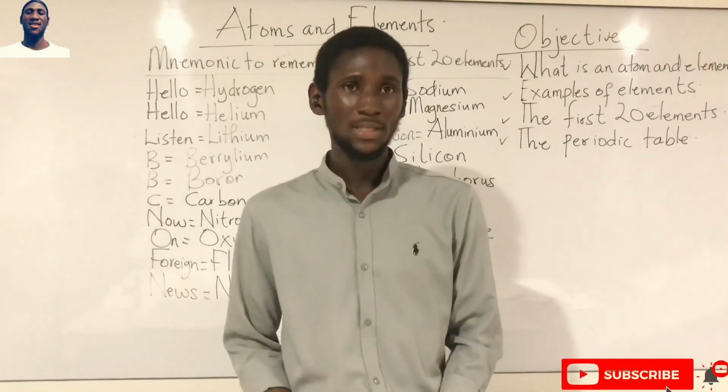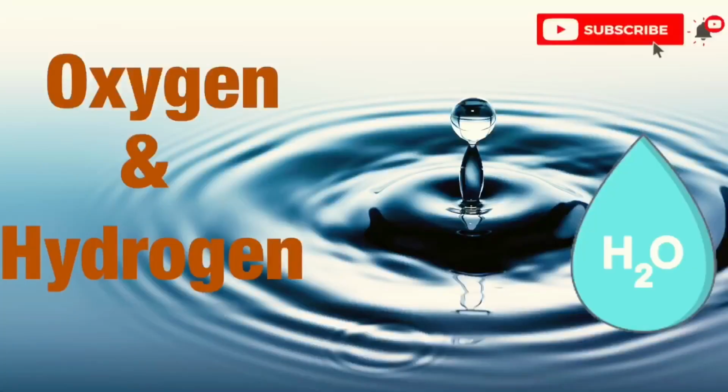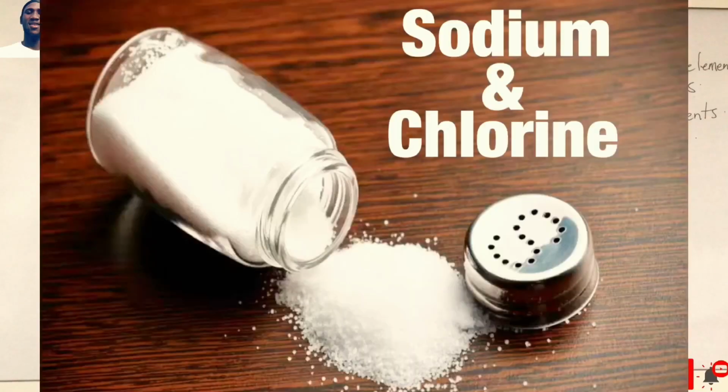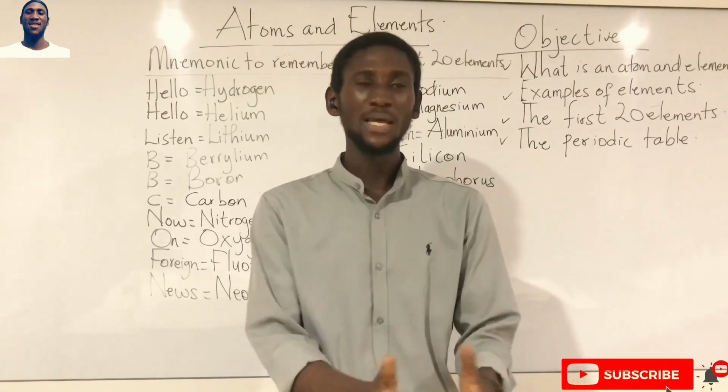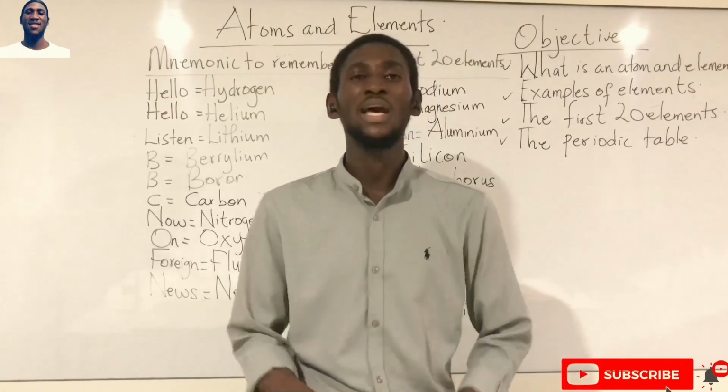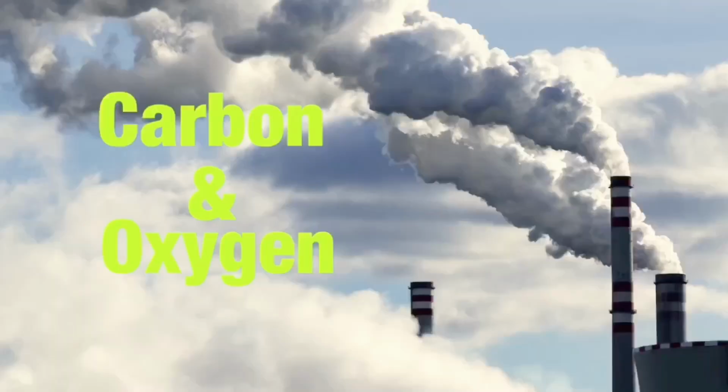Remember I mentioned water. Water is made up of hydrogen and oxygen. Salt, which is a common salt, is made up of sodium and chlorine combined together to give you sodium chloride. So it's made up of the elements sodium and chlorine. Carbon dioxide. Human beings and animals breathe out carbon dioxide.